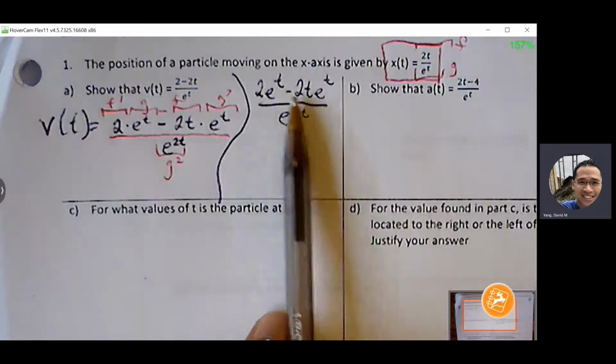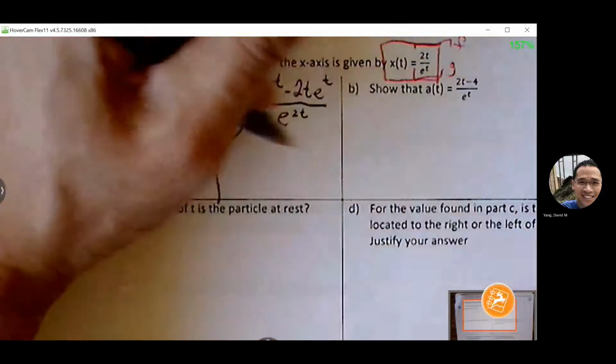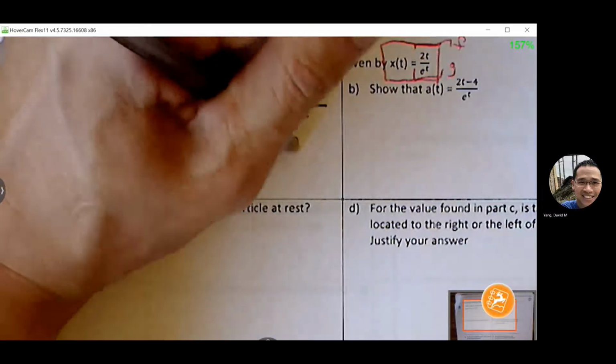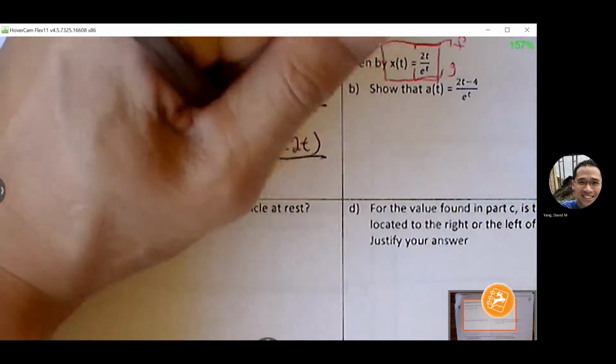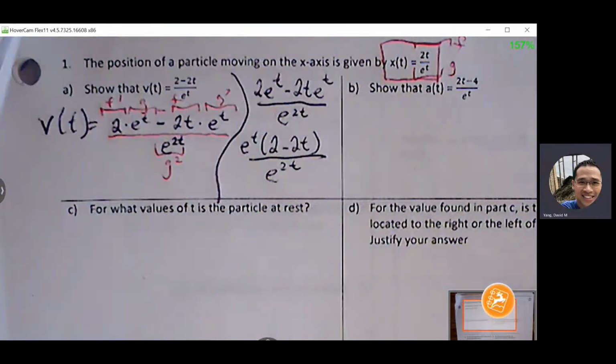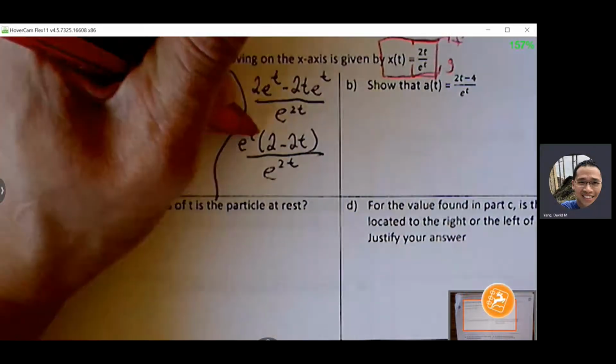Here we can take out a GCF or a factor of e to the t. E to the 2t. One of them will cancel out.